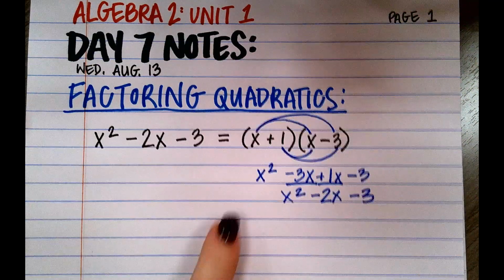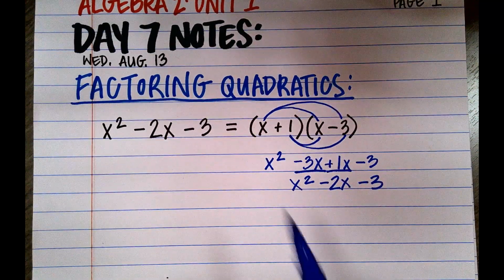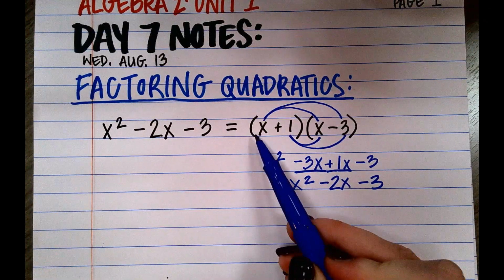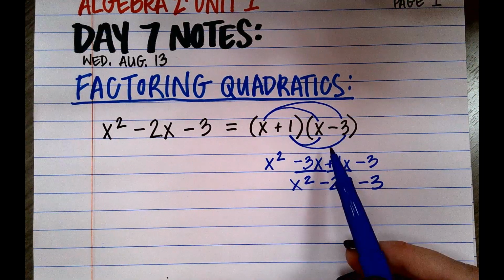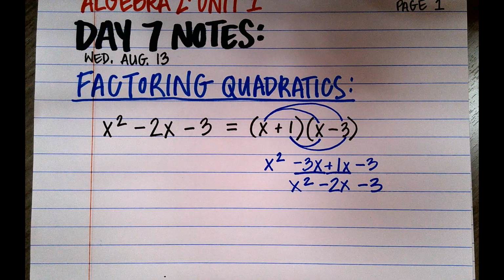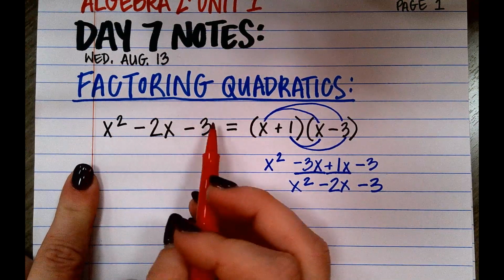Okay? So I'm going to show you the process of how we do this. Basically, we have to decide what numbers do I put in here to make this work and FOIL to that original problem. So, step 1. Label your A, B, and C.